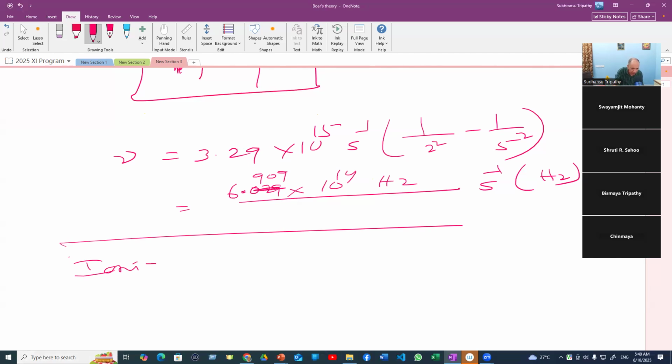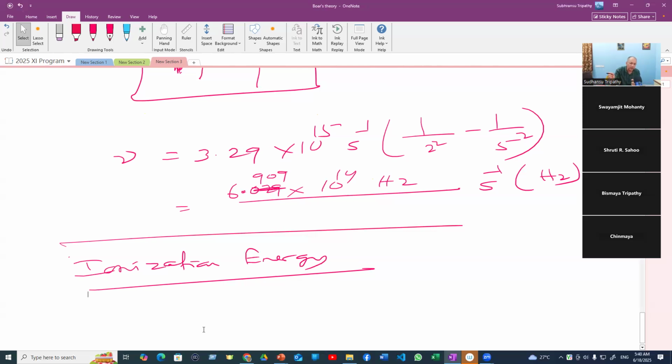Okay. Then we talk about ionization energy. Now, the definition part you forget. That will be done in the periodic classification program. But let me tell you that it is the amount of energy needed to remove the electron, to pluck out the electron from its ground state, the K cell, to infinite distance, so that it will not come back again, and so that hydrogen will be converted to hydrogen ion.